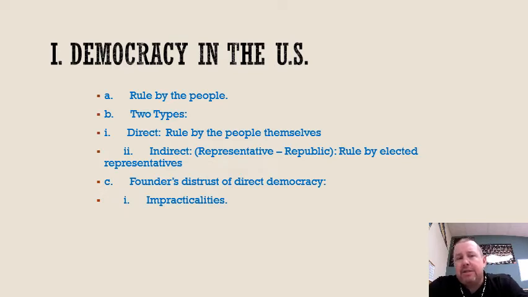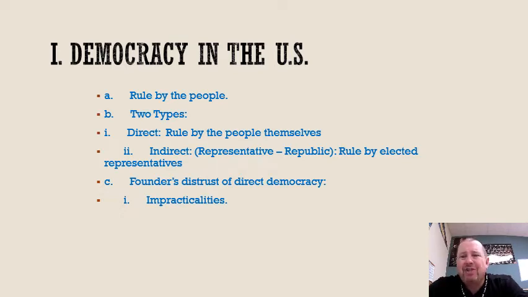One, direct democracy is not practical, right? It's certainly not practical today. There's 330 million Americans. I mean, even if you take out the people that are under the age of 18 and are not voting age, you're still looking at well over 200 million Americans.